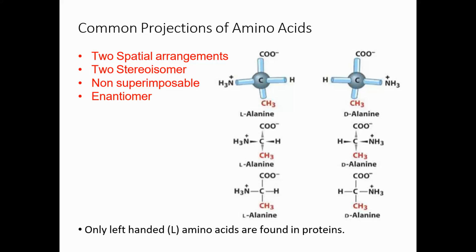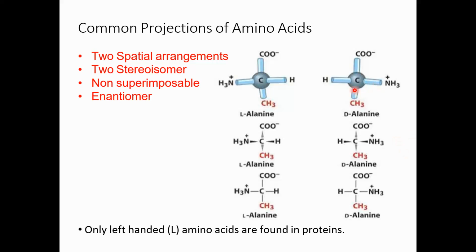Because of this chirality we have stereoisomers. And what is stereoisomerism? Stereoisomerism is the arrangement of the atoms in a molecule around a central carbon atom.